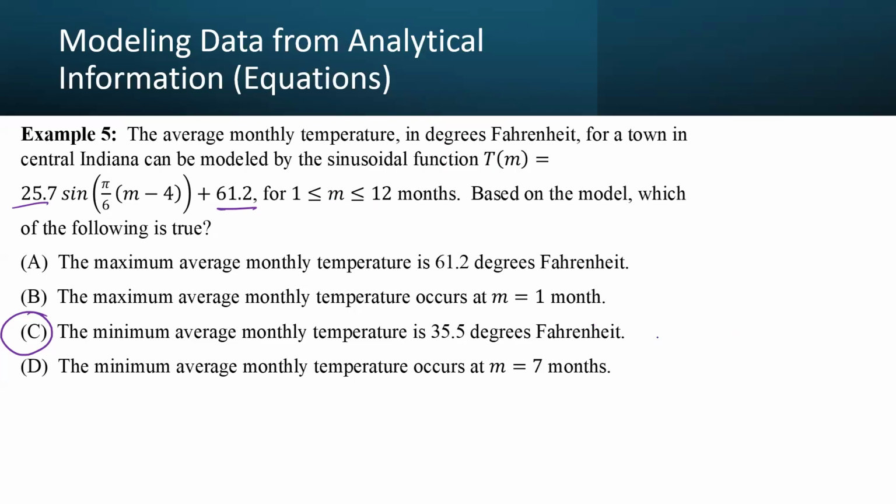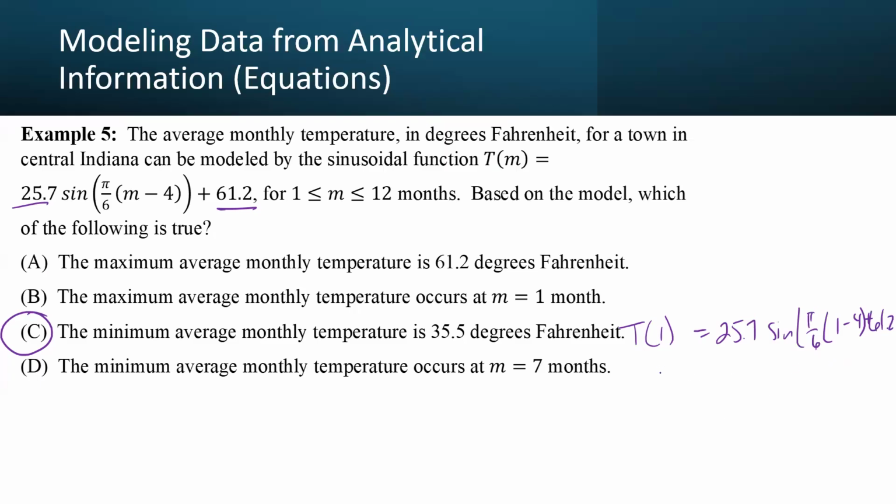And the reason why we say that is because, so let's just look at January. So T of 1 equals, so we're going to plug it in, sine of pi over 6 times 1 minus 4 plus, I'm squeezing it in there, 61.2, right?